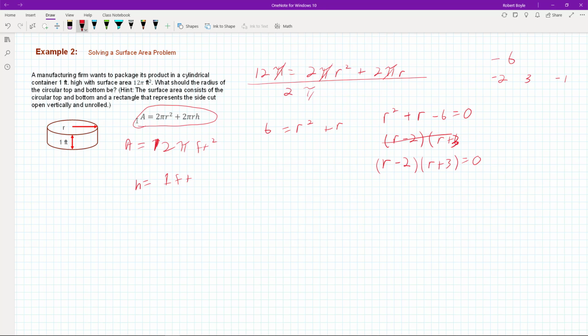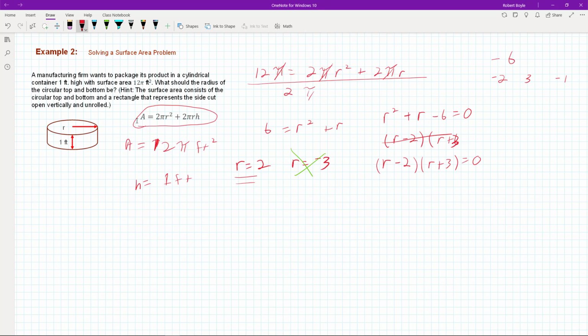And based upon the zero factor property, that means that r can either be 2 or r can be equal to negative 3. Well, we cannot have a negative radius. Negative radius is outside the context of this problem. So this solution is extraneous, and our solution must be r is equal to 2. Now, does that work out? Let's go ahead and find out.